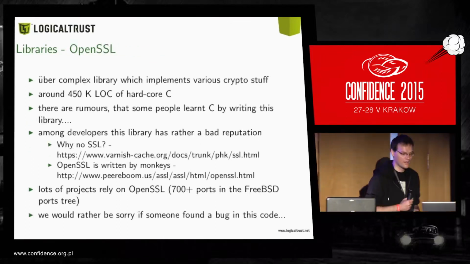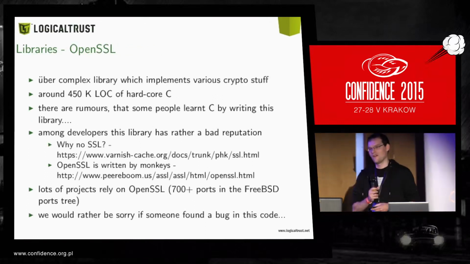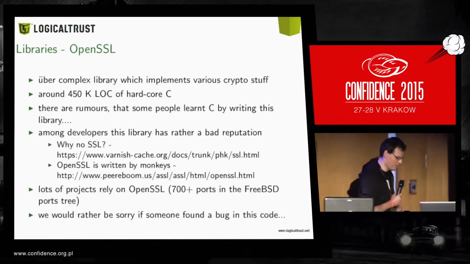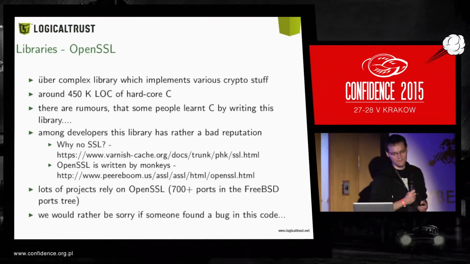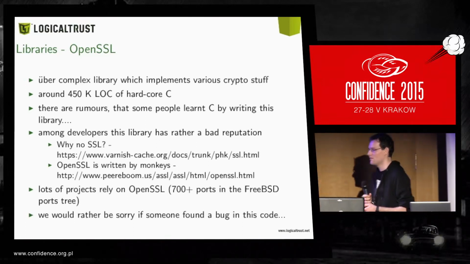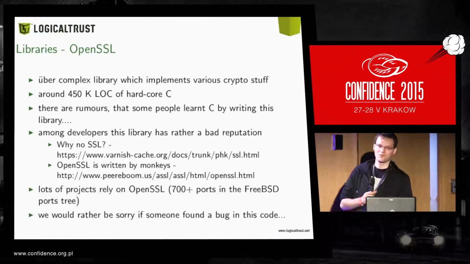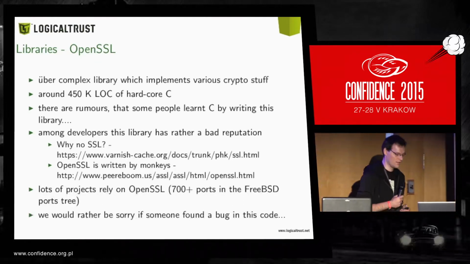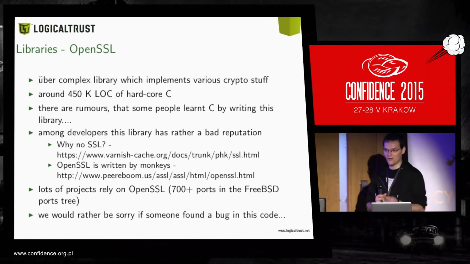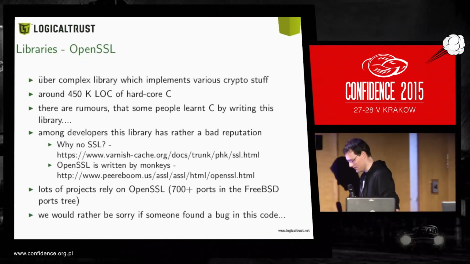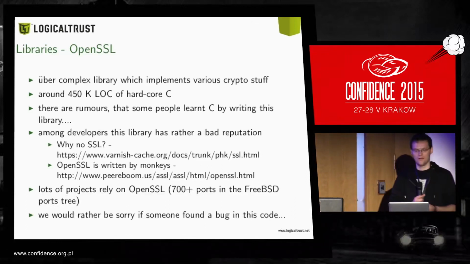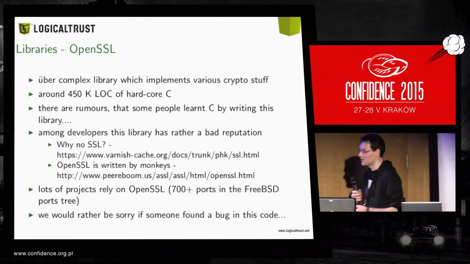So, OpenSSL. I guess that all of you have heard about OpenSSL. Some people have a pretty bad opinion about this code. Actually, many developers from the BSD world think that this code is pretty bad, but actually they use it, and all of us are using it, and it's pretty funny that we think both that this is insecure and we are using it.